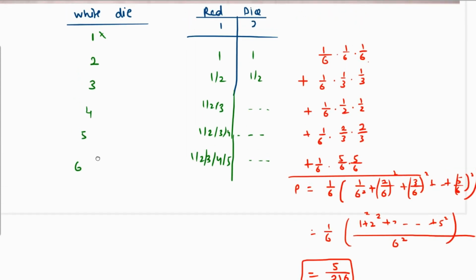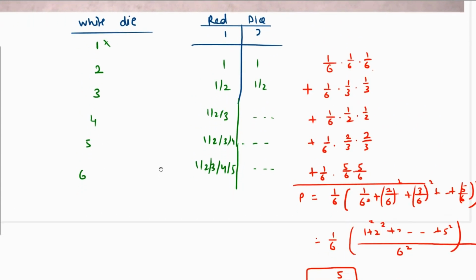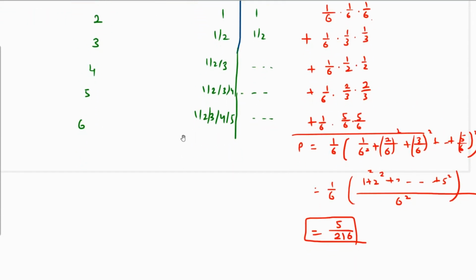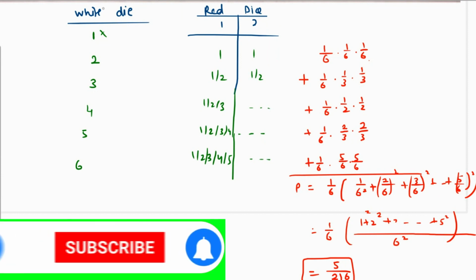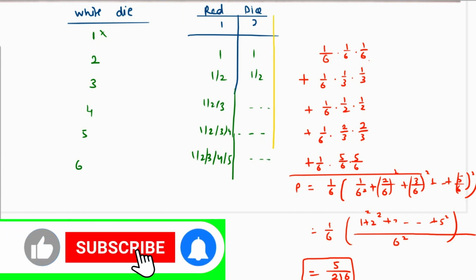For part B, there are 3 dice rolled instead of 2. So the only thing which is going to add up here is there will be a third die over here as well, and let me just do it with a different color. There will be a third die over here as well, which will mimic the first two dice.